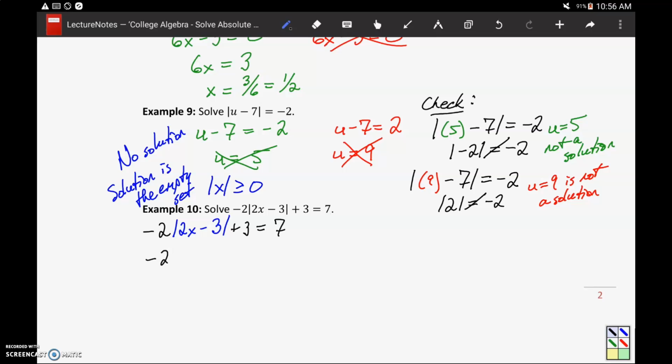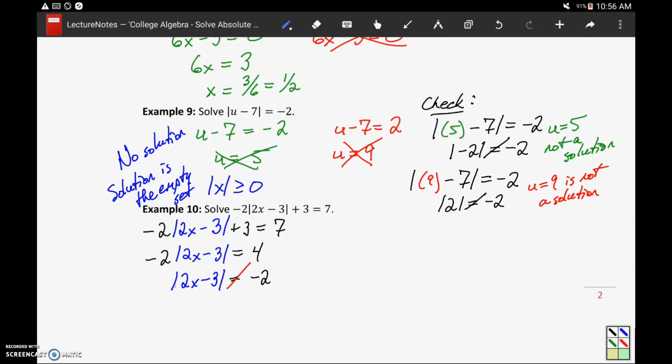But as we work to solve this absolute value problem, by first subtracting 3 from both sides, and then dividing both sides by negative 2, what we end up with is that absolute value statement set equal to negative 2, which can never be the case. So we don't need to do any additional work from here.